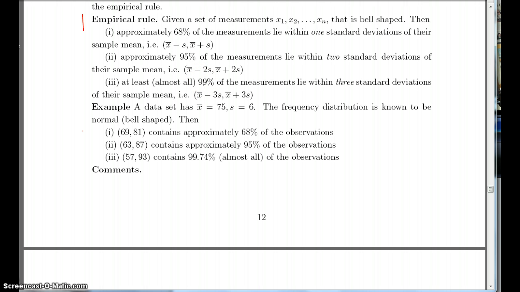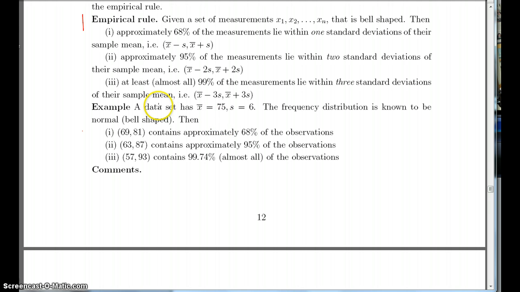It's 99.7% that lie in this interval. Those numbers, the 68%, the 95%, and the 99.7%, they don't change. What changes are the intervals depending on the mean and the standard deviation.